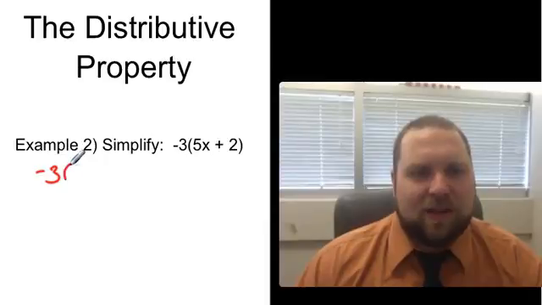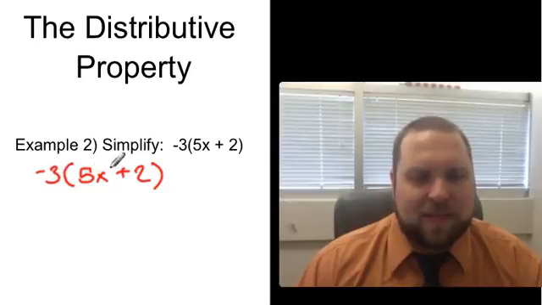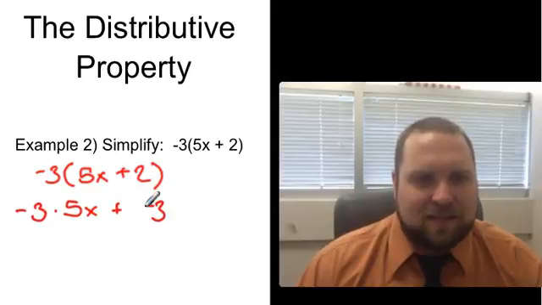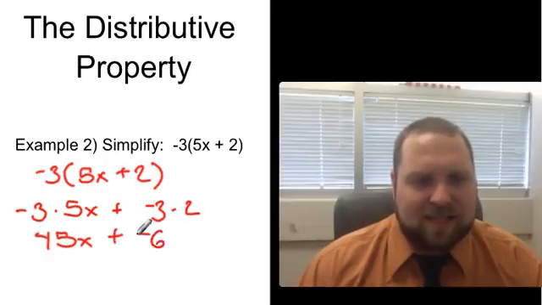So in example 2, I have negative 3 times 5x plus 2. The negative 3 is being multiplied by everything inside those parentheses. So I can rewrite it as negative 3 times 5x plus negative 3 times 2. Well, negative 3 times 5x, I just multiply the coefficients and I get negative 15x, plus negative 3 times 2 is negative 6.